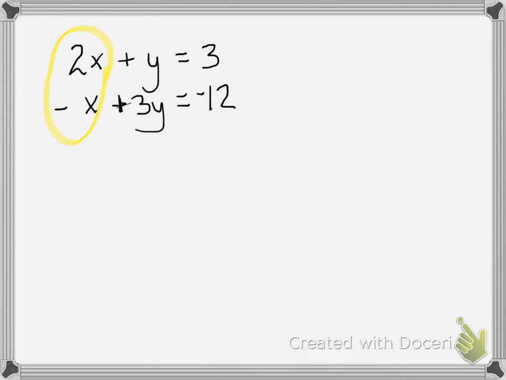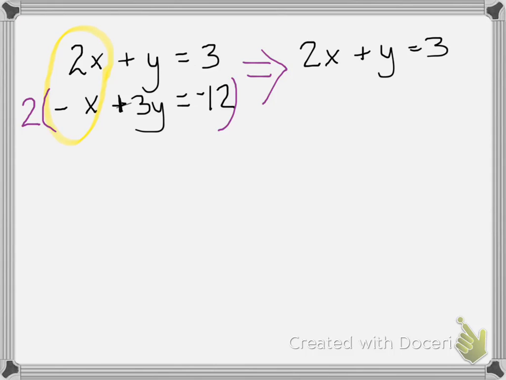So what I'm going to do, remember that you can multiply equations by whatever you want as long as you do it all the way through the equation. And so I'm going to multiply a 2 all the way through this bottom equation, and I'm going to rewrite my whole thing over here. So I still have the top equation, which is 2x plus y equals 3.